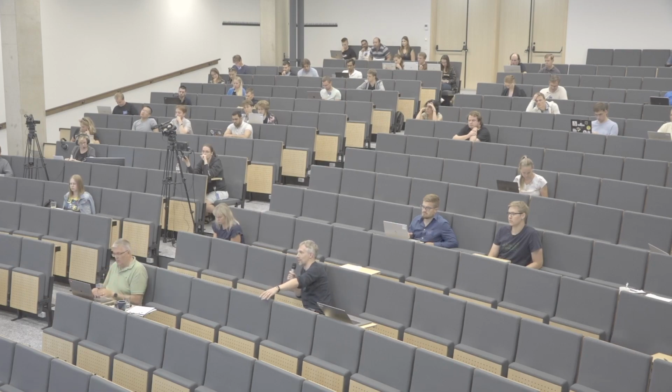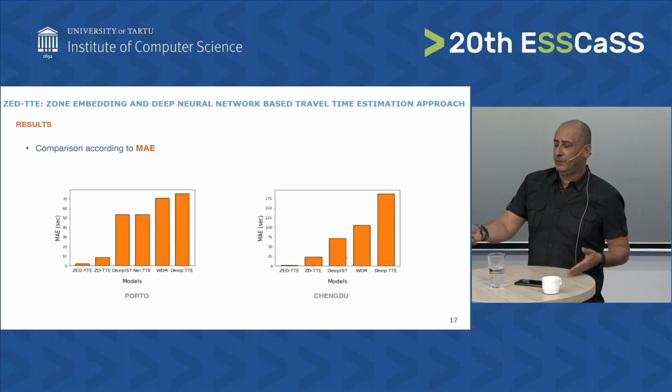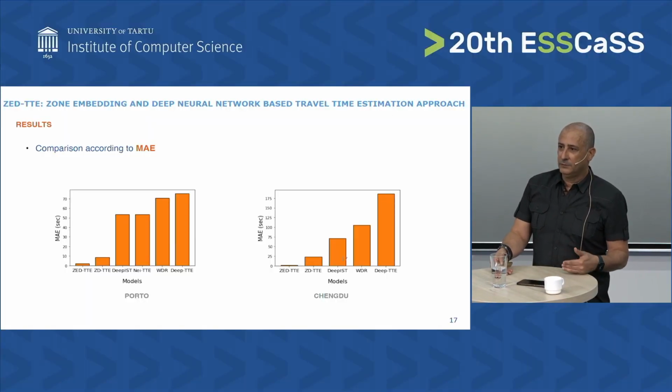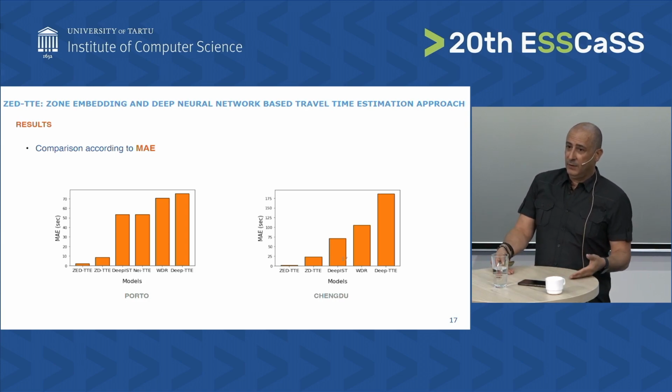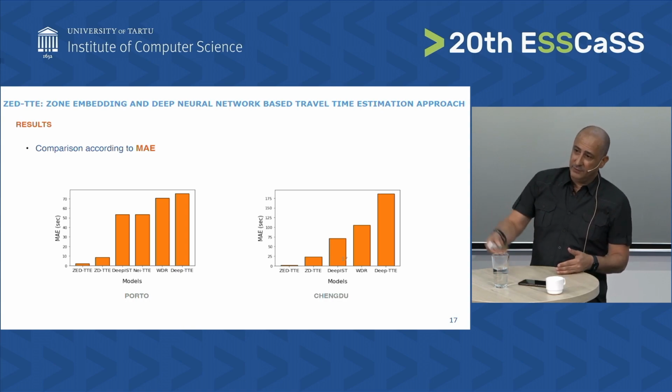I completely agree with you. That's why we were not that happy with this performance. That's why we wanted to have some real live data set. I would say, that's why we were even trying to convince Bolt to share data with us. Bolt asked me to give the paper, and that's it.